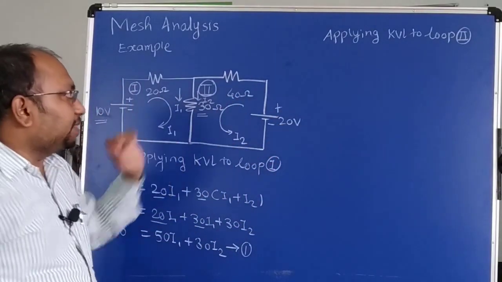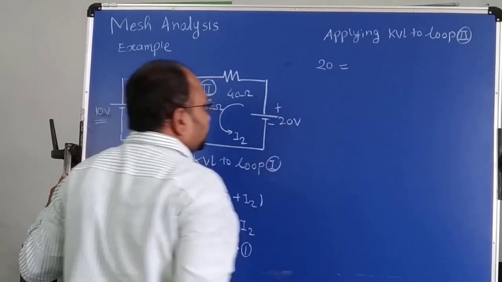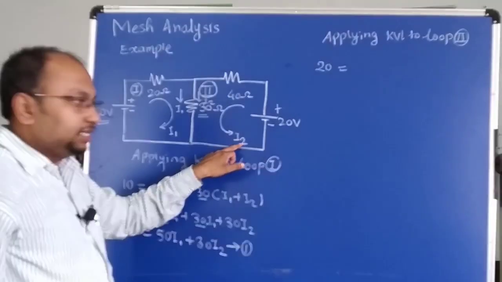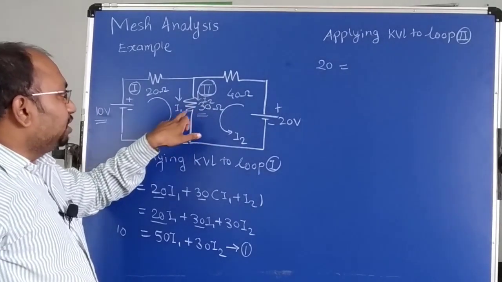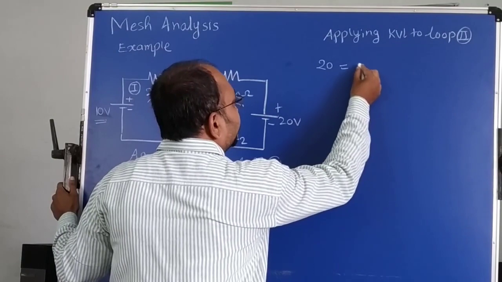So let us apply KVL. 20 is equal to 40 I2, isn't it? Plus 30 into (I1 plus I2). The currents are in the same direction, so we need to take their addition.